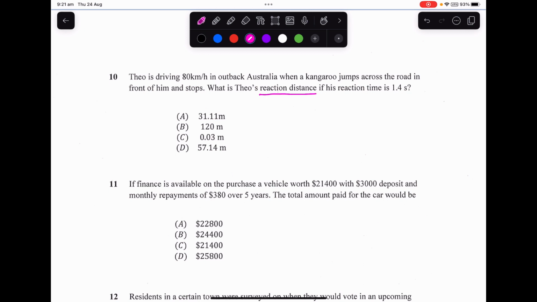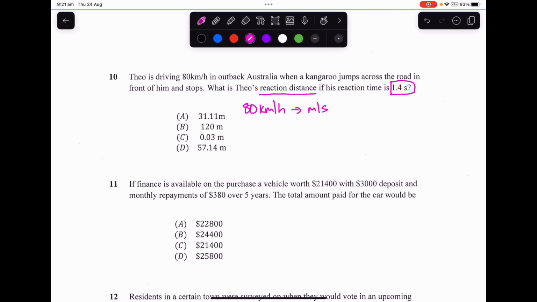Our reaction time is in seconds, so we actually need to change this to meters per second first, because you're not going to drive kilometers in 1.4 seconds.